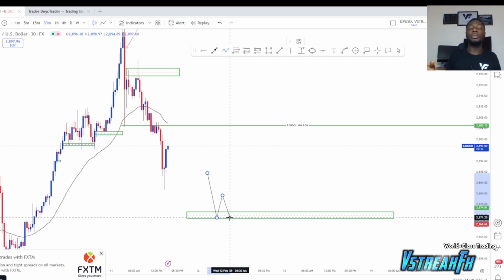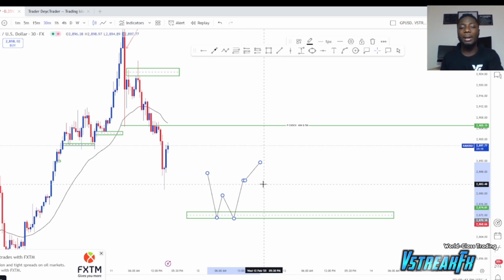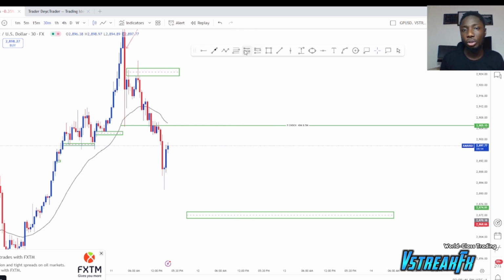But in trading, how we use it is, support is a level where price is finding it hard to go down and is ready to start going to the upside. With that knowledge, we can buy from our area of support. So if you come to the chart and find an area where price is finding it hard to go down, most times I like the third touch to confirm my support area.